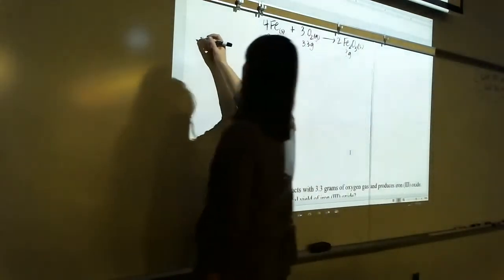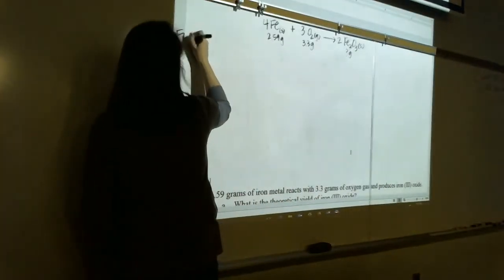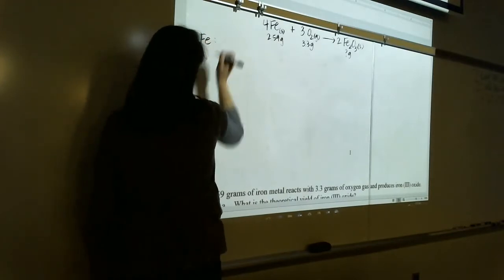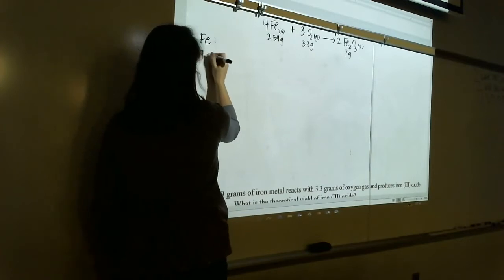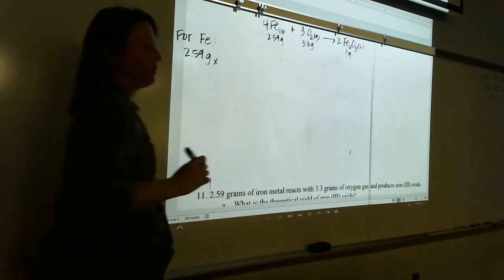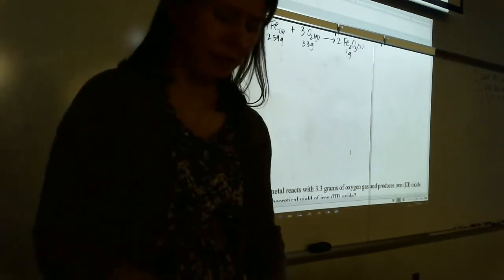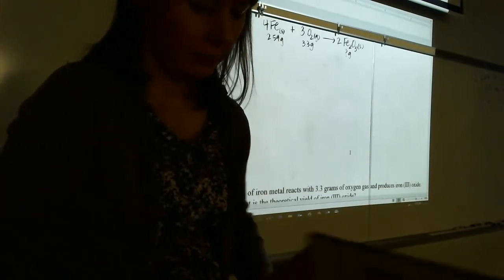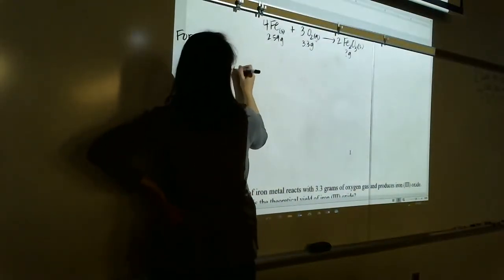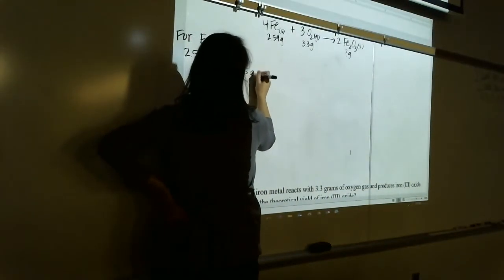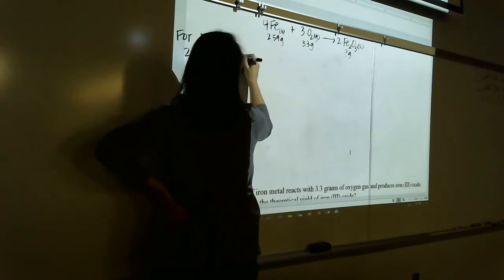So here we go. We got to do it for iron. All right, grams to moles. So 2.59 grams times iron's like 55 something. 55.845 grams per mole.